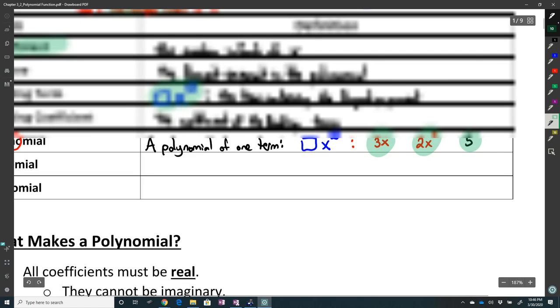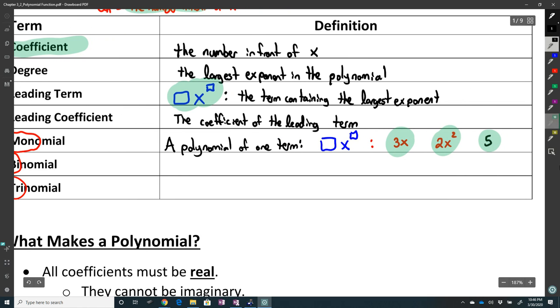All right, now we go to a binomial. That's a polynomial of two terms. And so a polynomial of two terms, the most famous example of that is mx plus b, just a line. Notice that we have two expressions.